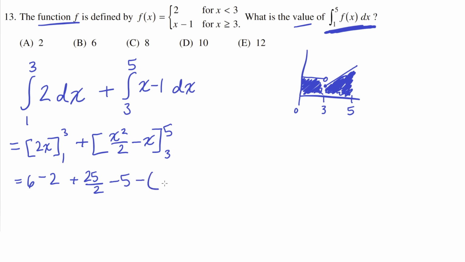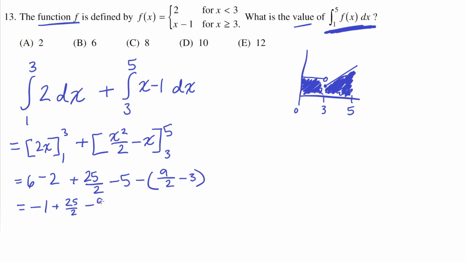And then subtract the expression evaluated when x equals 3. So 3 times 3 is 9 over 2 minus 3. So 6 minus 2 minus 5, that's equal to negative 1, plus 25 over 2.